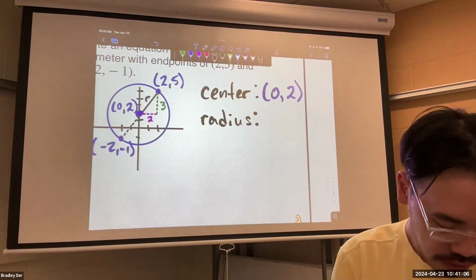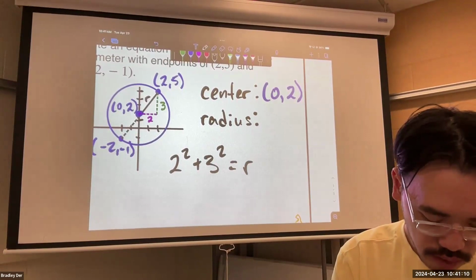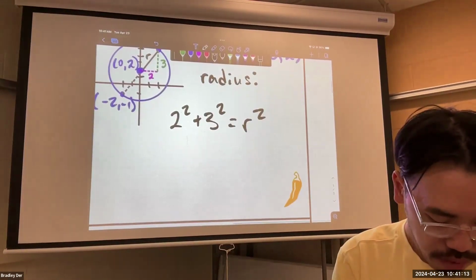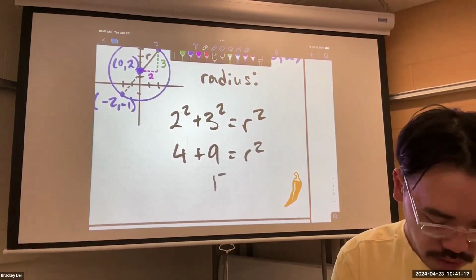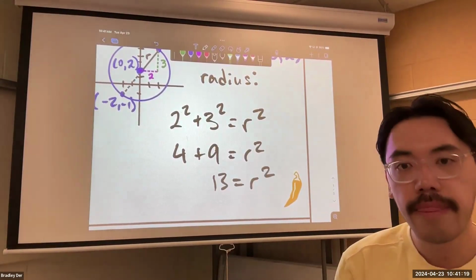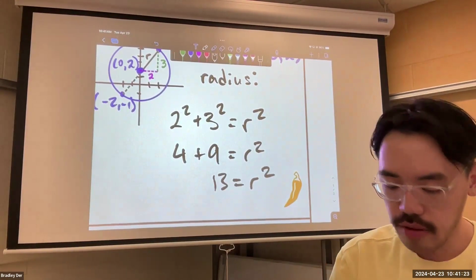So using the Pythagorean theorem, 2 squared plus 3 squared is equal to the radius squared. 4 plus 9 is equal to r squared. 13 is equal to r squared. You could square root and say that the radius is root 13. Perfectly fine.